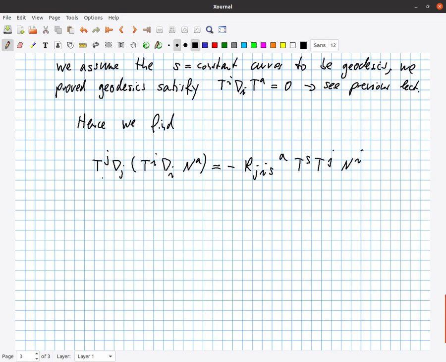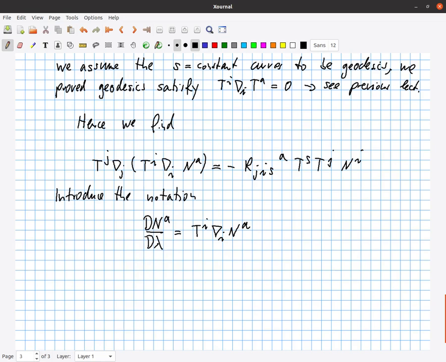Now, only for the last result, we introduce the notation d n^a over d lambda to mean t^i nabla_i n^a. Some of you will have seen a notation of this type. Sometimes this is called the material derivative.